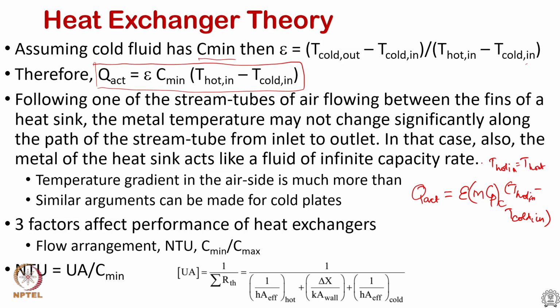So, with that we can say that my base temperature is some kind of maximum temperature that is equal to T hot, and now I can rewrite this expression for my heat sink as Q actual equals epsilon times MCP of air, if air is the fluid, times T base, which is the hot side, minus T air in.